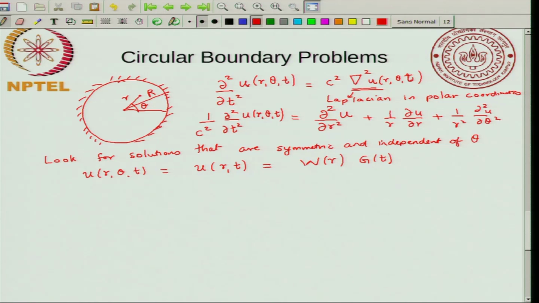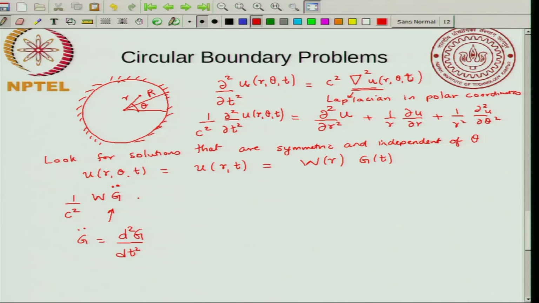So if you do this, then I can write this as 1 by c square, and d square by dt square is just g double dot times w, where g double dot equals d square g by dt square.